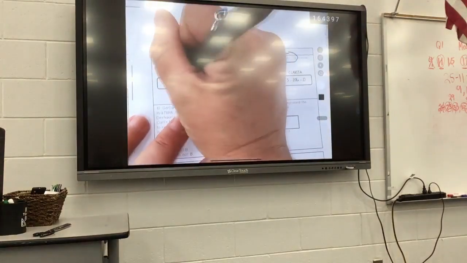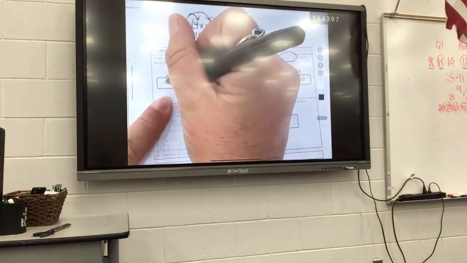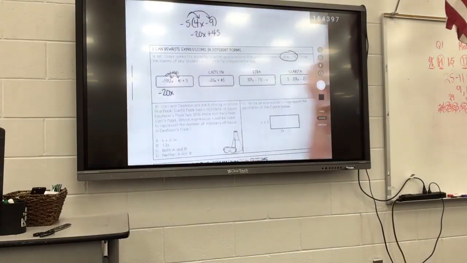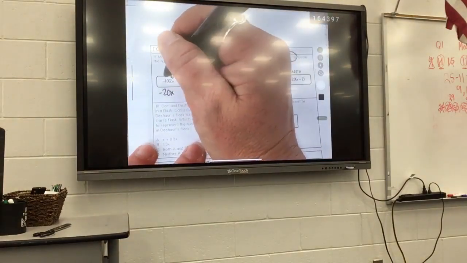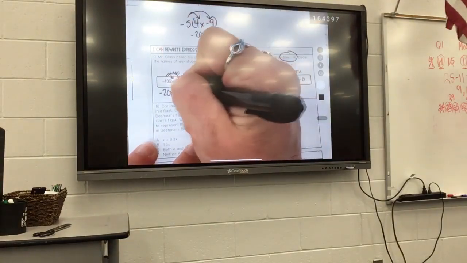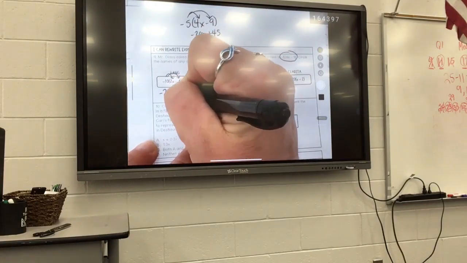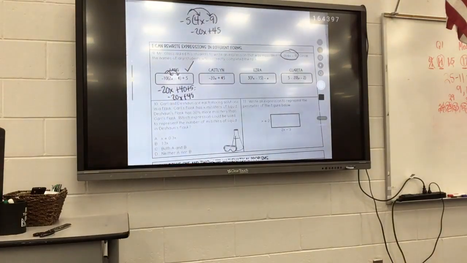We're going to distribute each one of these in, and we're going to solve. So -10 times 2x, that's going to give me -20x. So far, we're looking good, right? Then I have -10 times -4, which gives me +40 plus 5. So this equals -20x plus 45. So Lang is good to go.